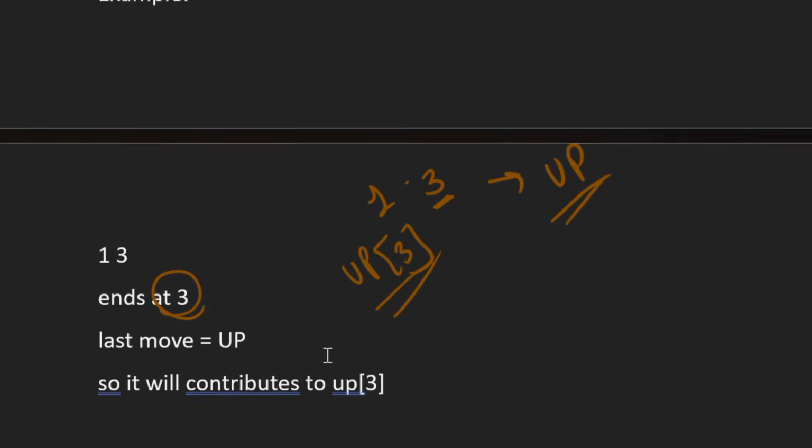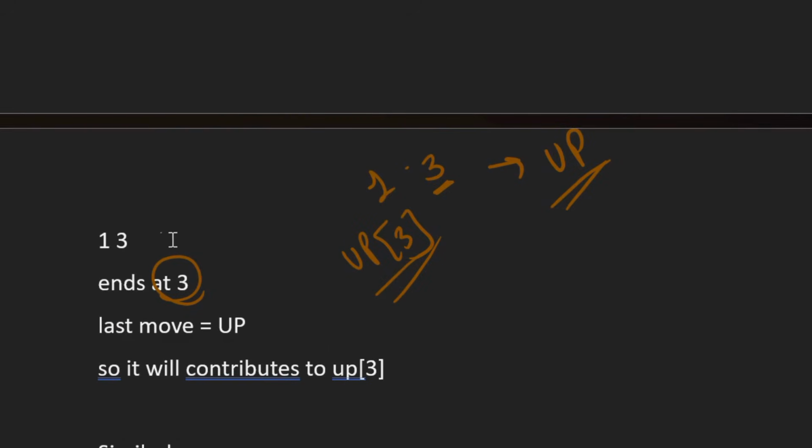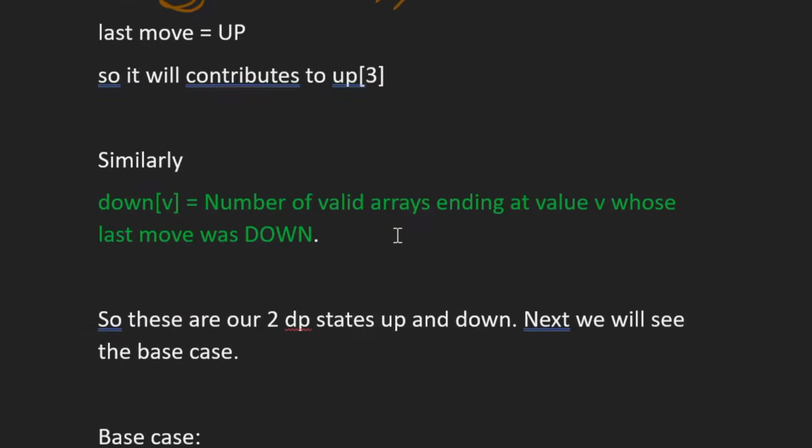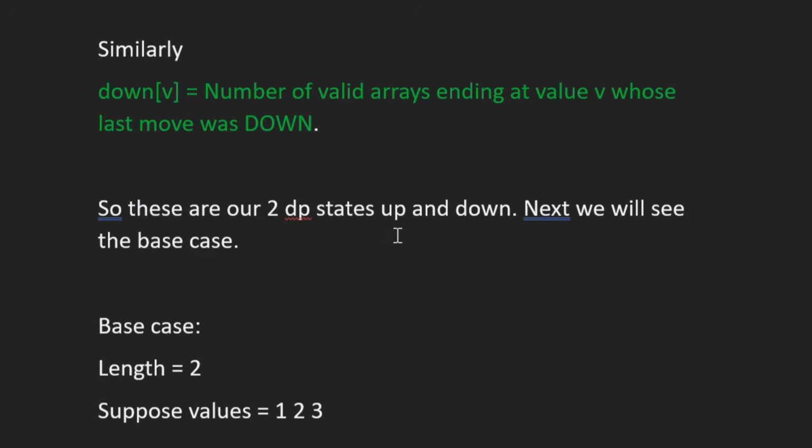This is a valid array, so the array 1 comma 3 will contribute to up of 3. So again, up of 3 will store the total number of valid arrays that are ending at value v and whose last move was in the up direction. So this is up of v.